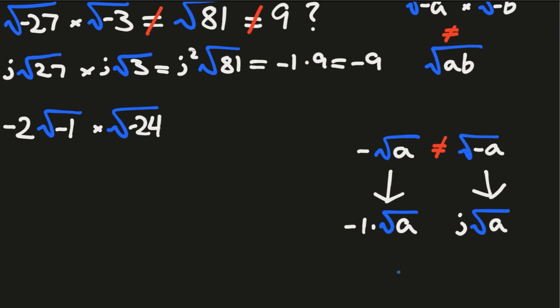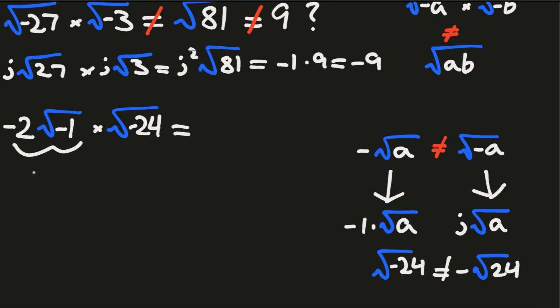So in this example, the square root of negative 24 does not equal negative square root 24. Rather, it equals i times the square root of 24, and we will see this.